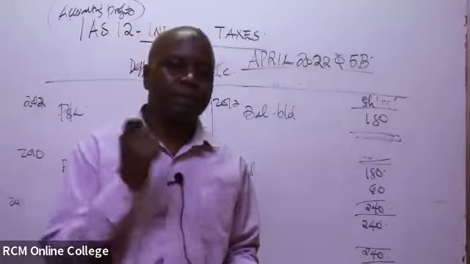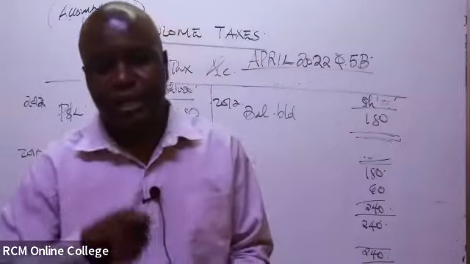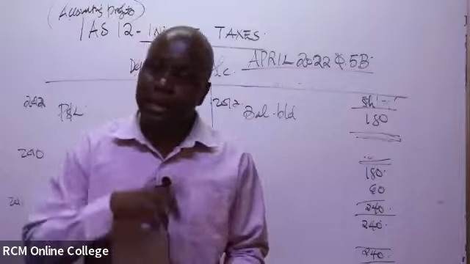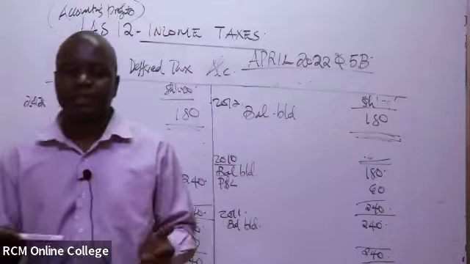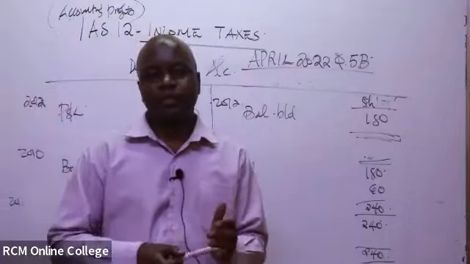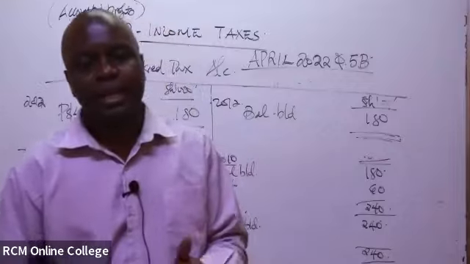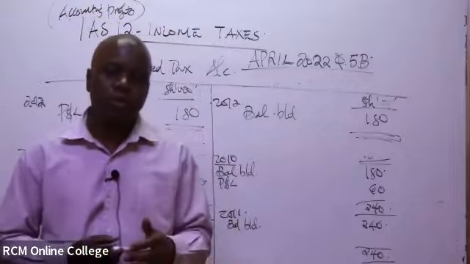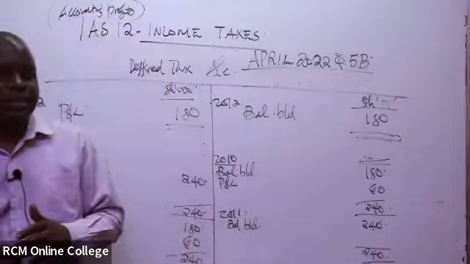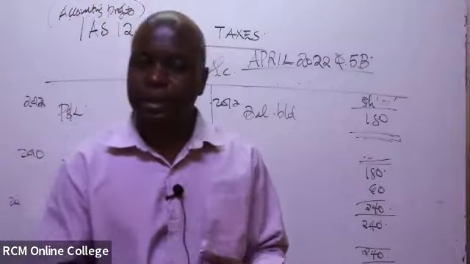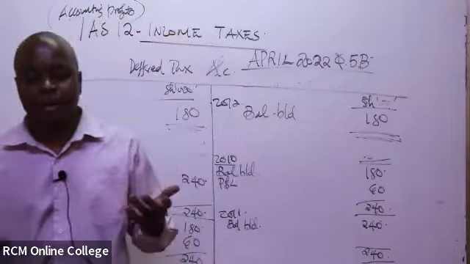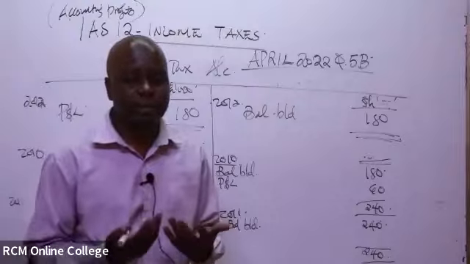When you debit the P&L account or the income statement account, that is an expense. You always debit all the expenses in the P&L account. You credit all the incomes in the P&L account. It is just the rule of thumb. There's nothing you can change about it. All incomes are credited in the income statement.